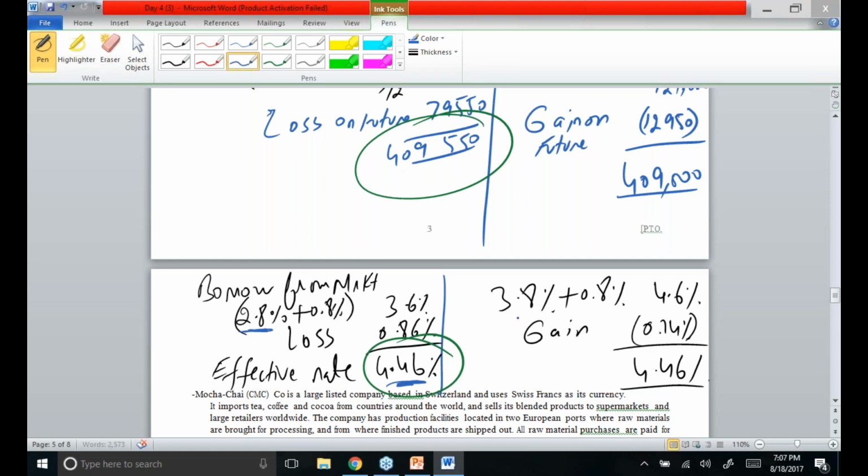And the other scenario where interest rates have risen to 3.8%, you will borrow at 4.6%. But in this scenario, you had earned again 0.14. So your final cost will be 4.46%. So that was the step number 7.